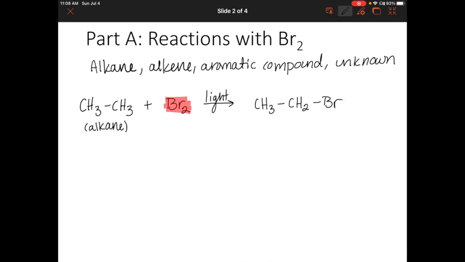So we get something called an alkyl halide, or a haloalkane, whichever word you like to use. The other byproduct here is hydrobromic acid. And both of our products are actually colorless.